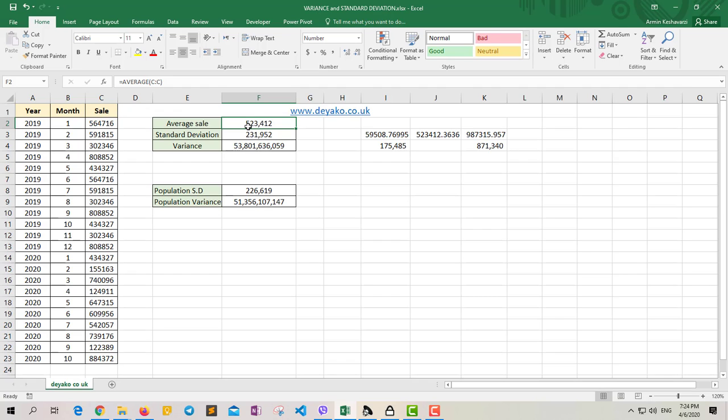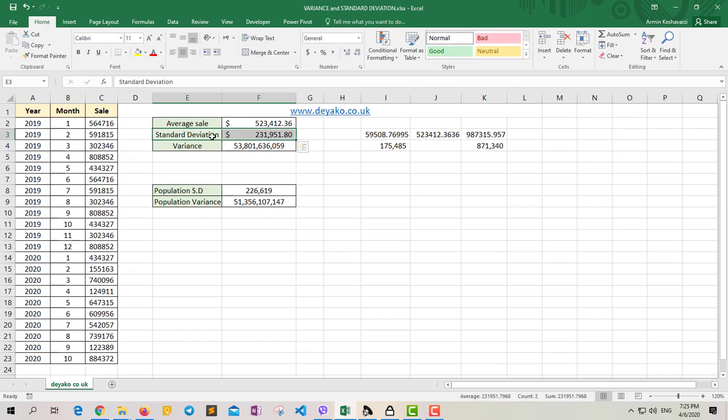So for example, if you are using the dollar currency here, the standard deviation is in dollars as well, but the variance is not in dollars anymore. It's dollars squared, so it's not so useful when you want to describe the variation of the data to some people. But the standard deviation is more practical.